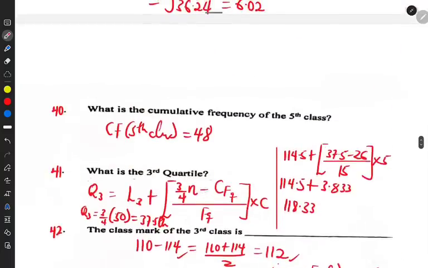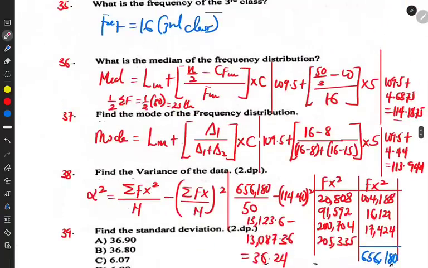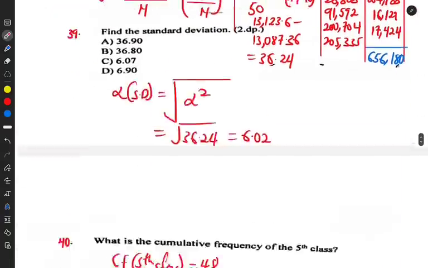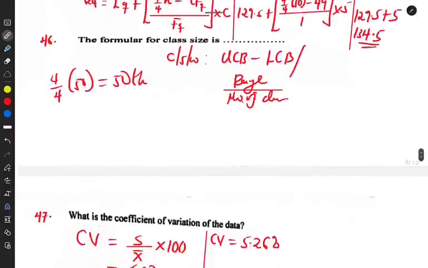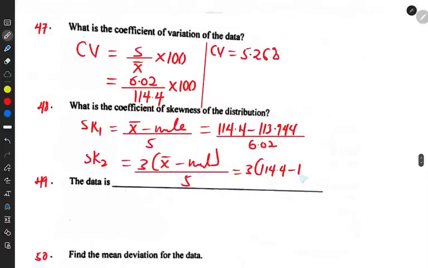The median value was 114.1875, all divided by 6.02. So what do we get for the first? What do you get for the second formula? The first one is supposed to get what?